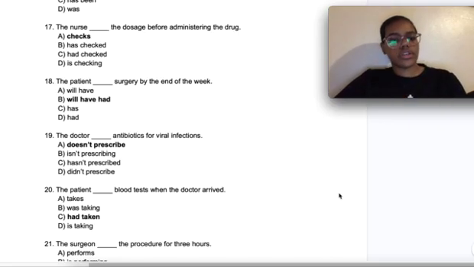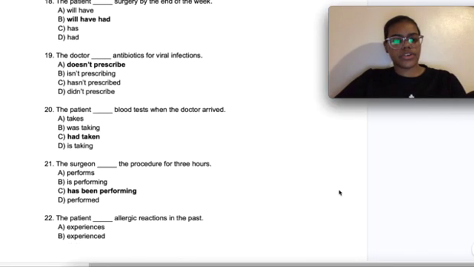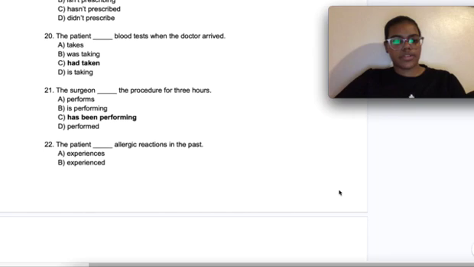19. The doctor doesn't prescribe antibiotics for viral infections. 20. The patient had taken blood tests when the doctor arrived. 21. The surgeon has been performing the procedure for 3 hours. 22.